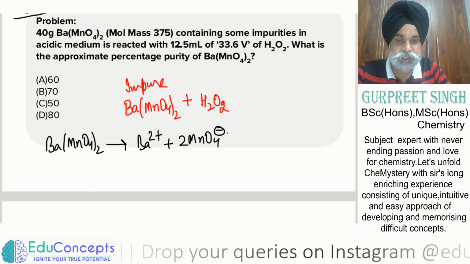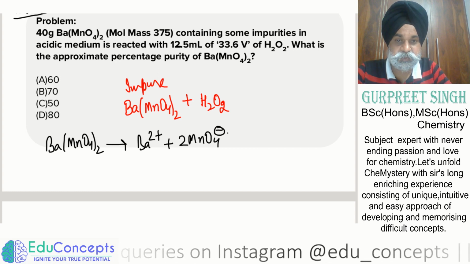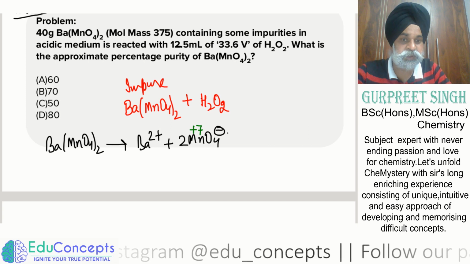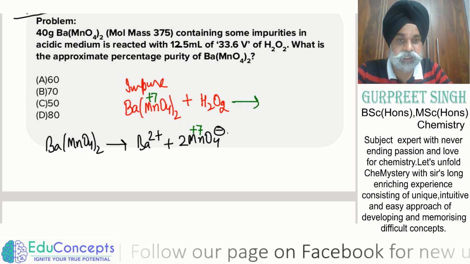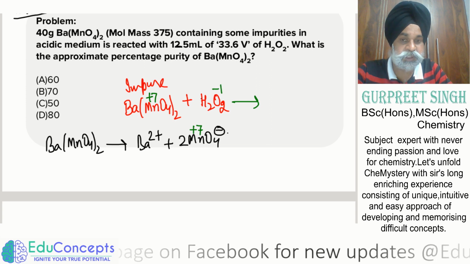You are able to see the oxidation state of permanganate here is +7, and H2O2 is in the -1 oxidation state.